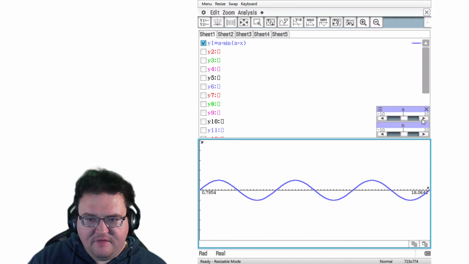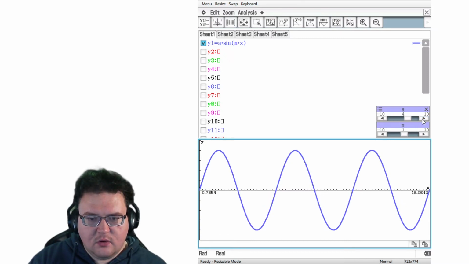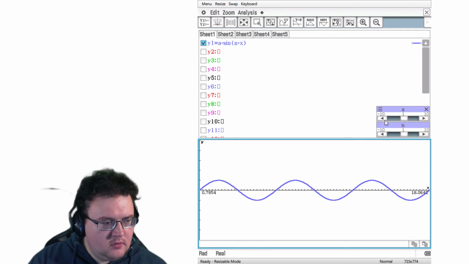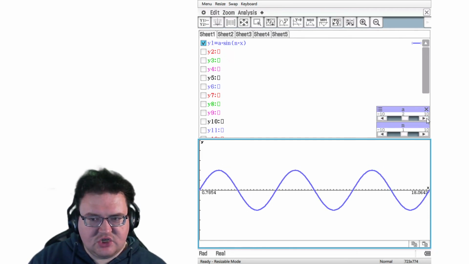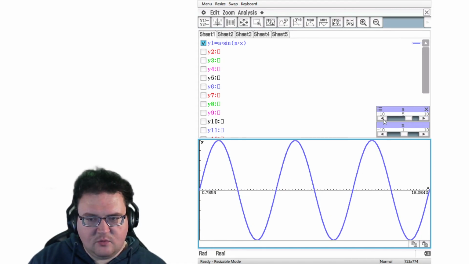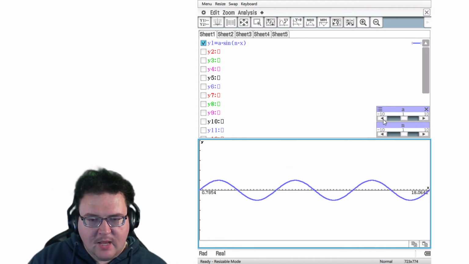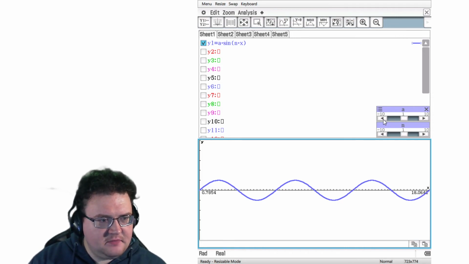As I fiddle with my A value, what happens? All right, the graph starts to stretch like we said it would. What happens if A becomes negative? Anyone want to have a prediction?